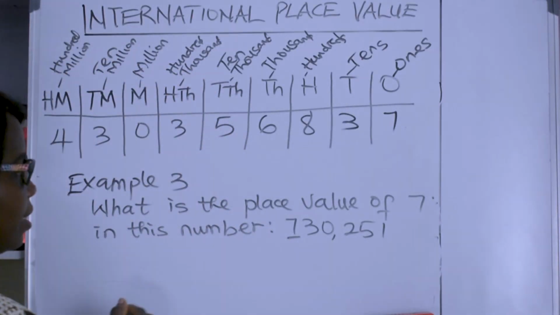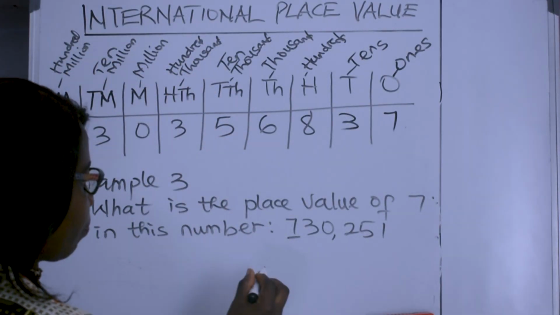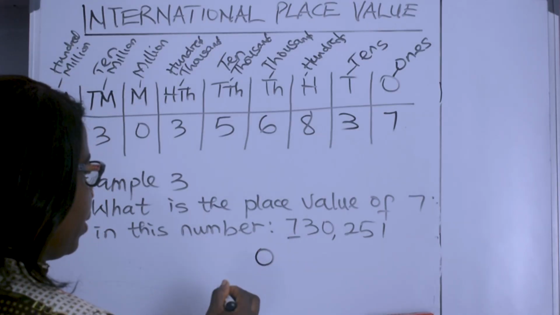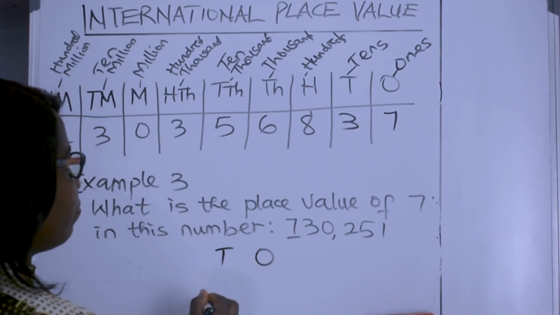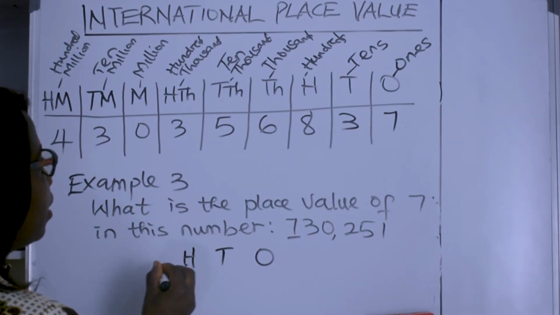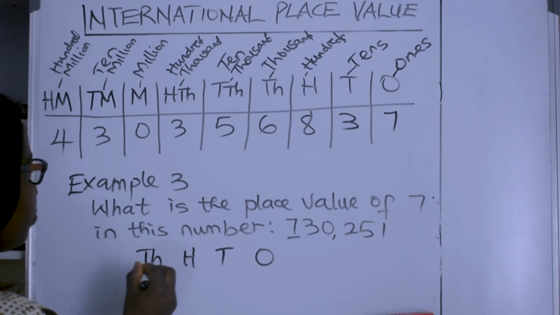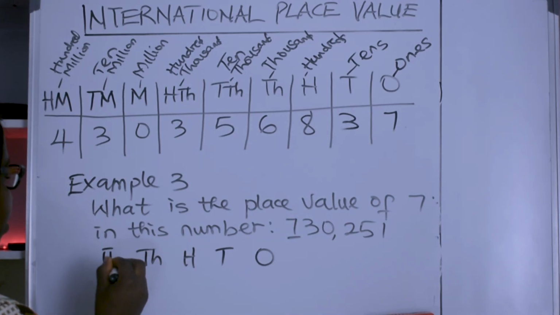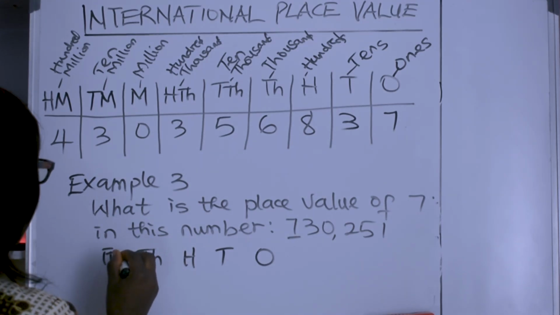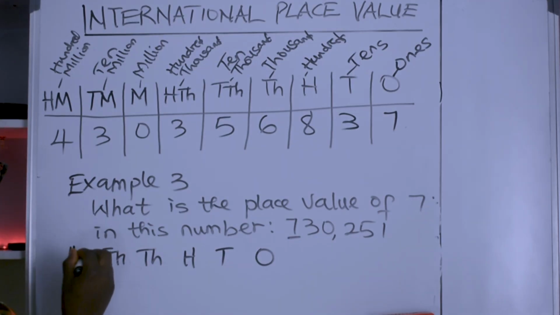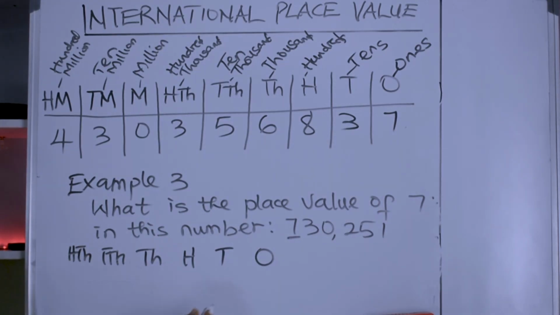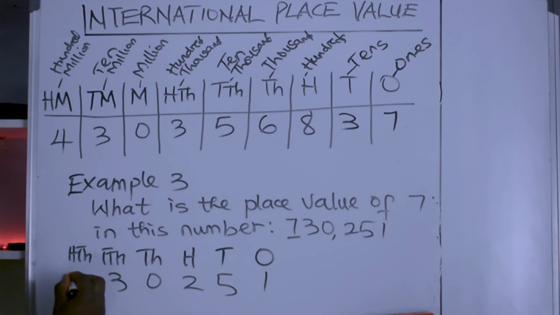So let us place the number according to their position. We have ones, tens, 100, 1,000, 10,000, 100,000. So at this point, we can place it: 2, 0, 3, and 7.